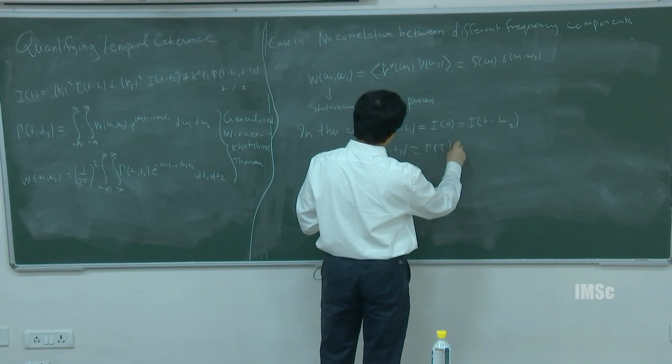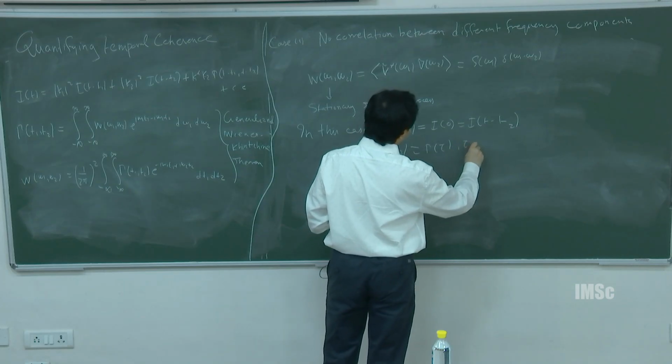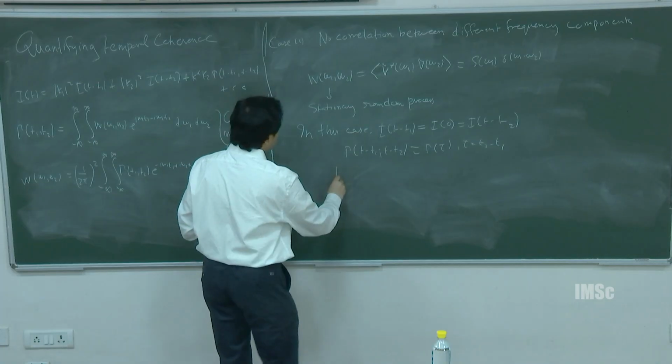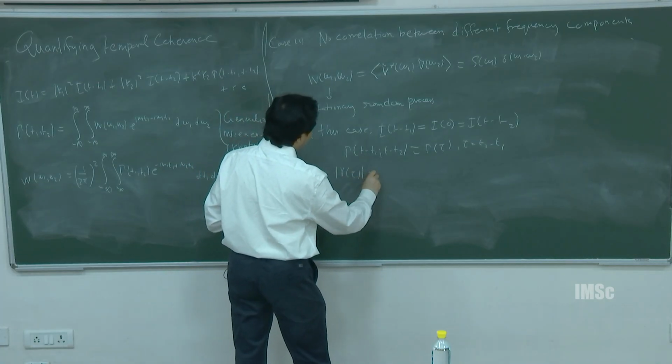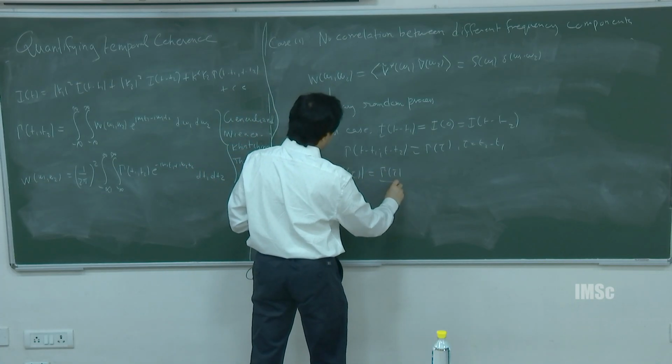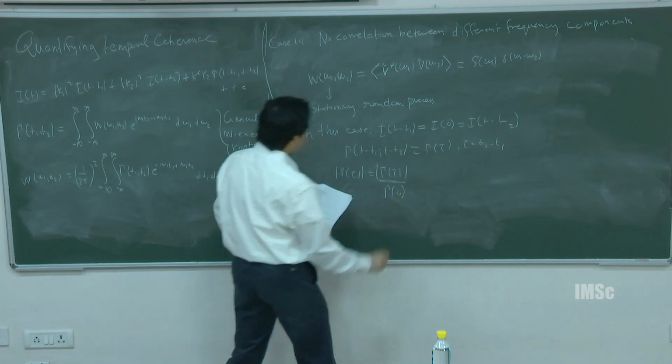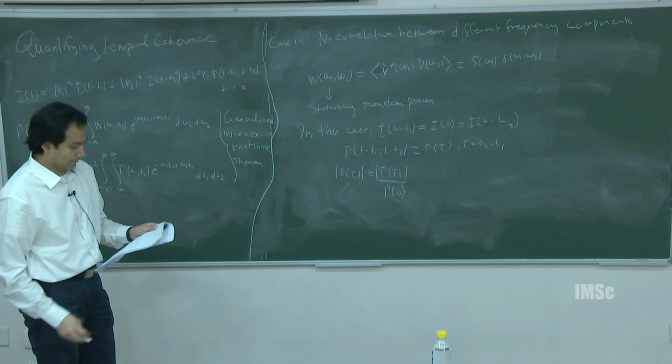This is essentially going to be this one, where tau is T2 minus T1, and gamma of tau by definition is this one, right?